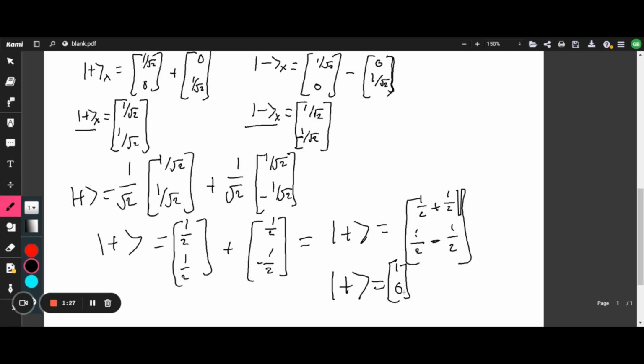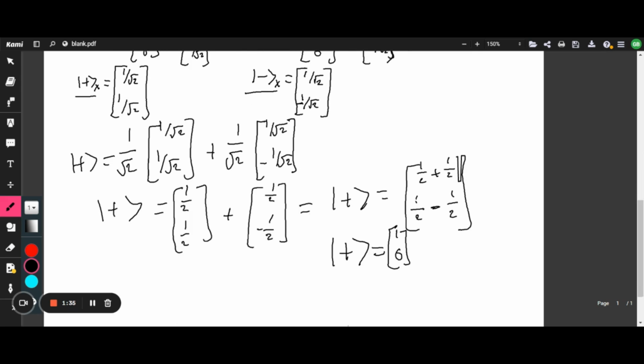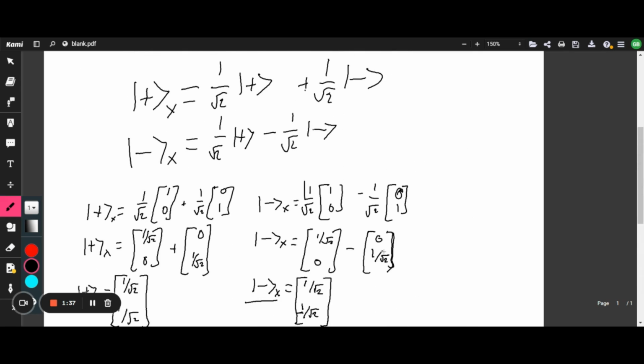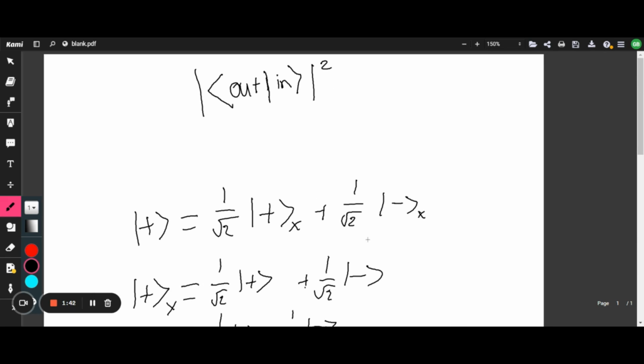Just like how the original definition of spin up in the z direction was 1, 0. By breaking it down into its components, we still get the same answer. This just shows that all spin is just components of other axes of spin. We could do the same with using the components of y instead of using components of x for the spin up in the z direction, and we still get the same answer.